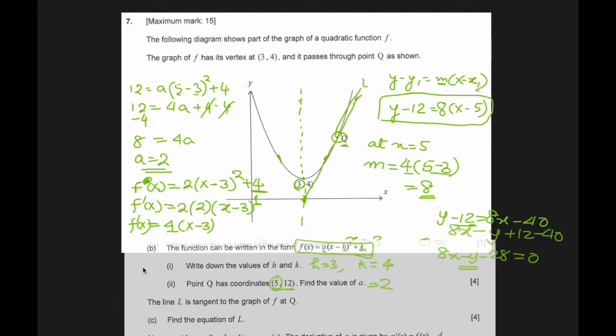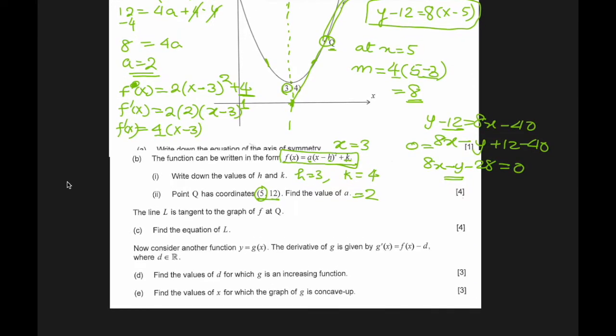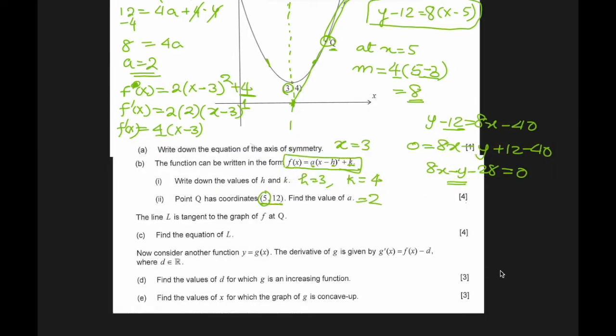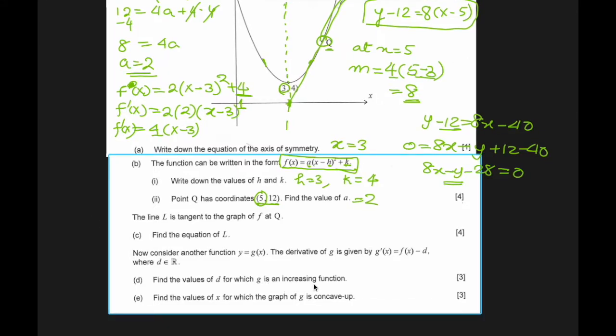We have one more part. Now consider another function, y equals g(x). The derivative of g is such that g'(x), the derivative of g(x), is the same as f(x) minus d, where d is any real number. Find the values of d for which g is an increasing function. Whenever they say increasing function, that means g's differentiation is positive.